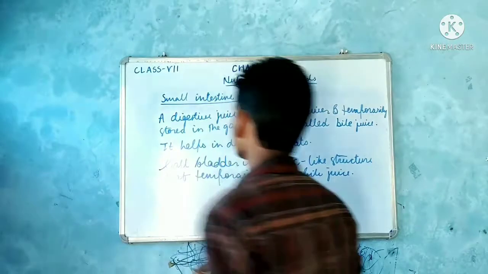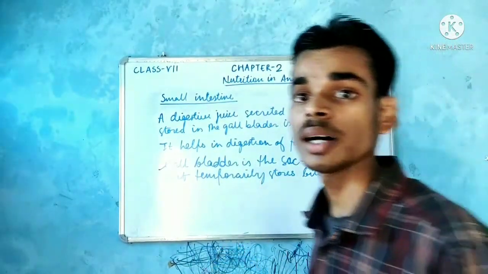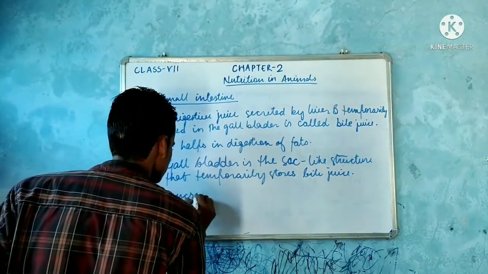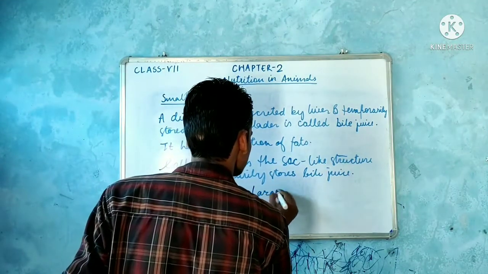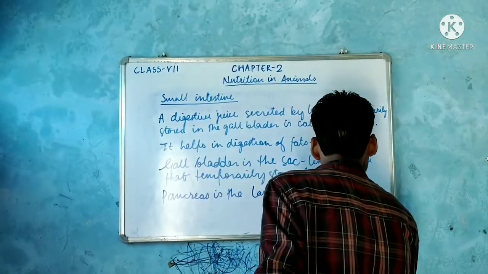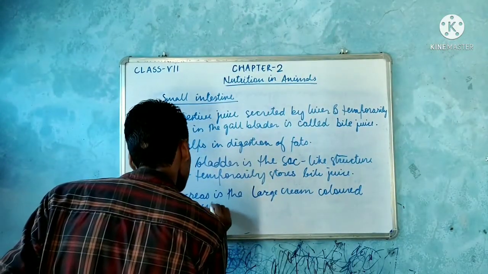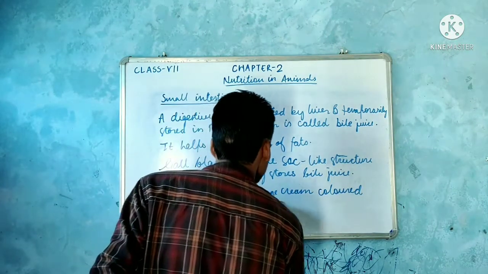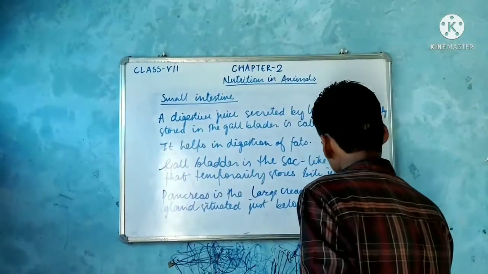Now the second type of gland that works in a coordinated fashion along with the small intestine is the pancreas. So what is pancreas? Pancreas is the cream colored gland situated just below the stomach.